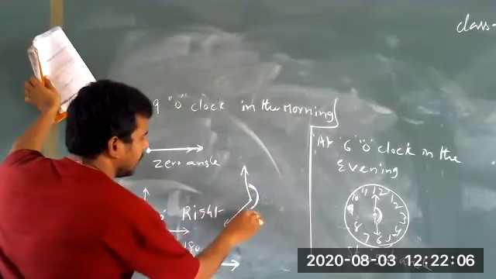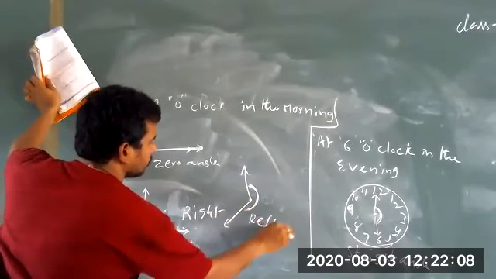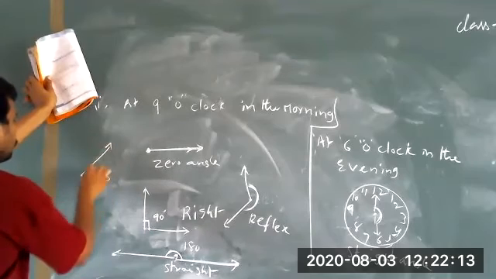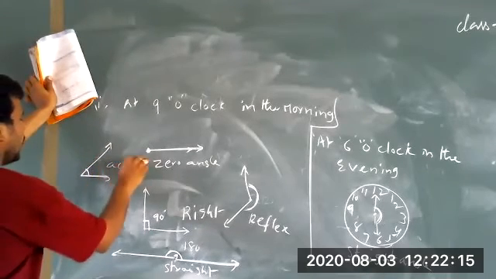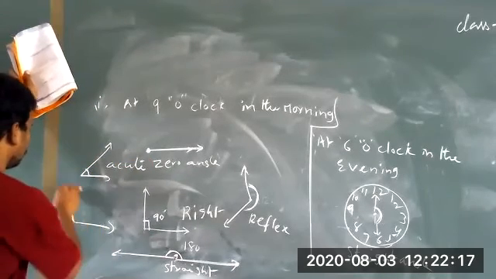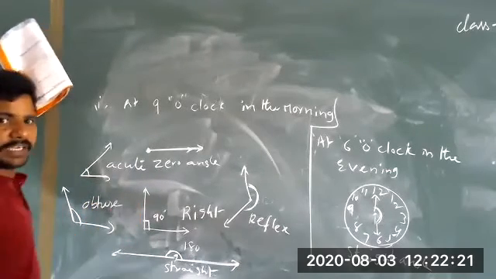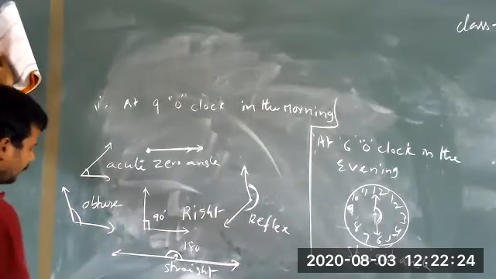This angle is a reflex angle. This angle is an acute angle. This angle is an obtuse angle. This angle is what, children? Obtuse angle.